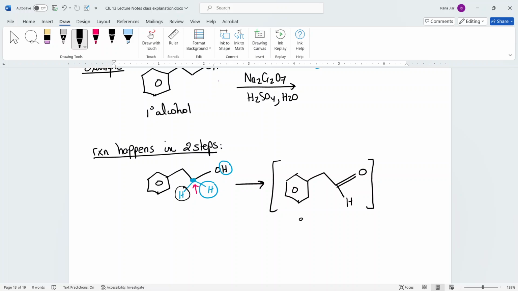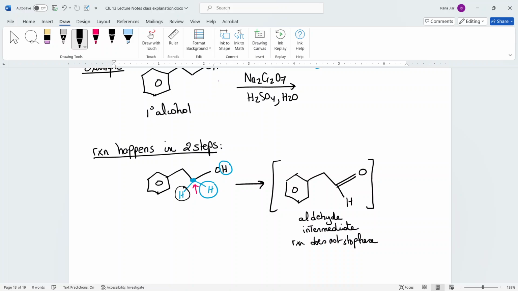And we're going to call this aldehyde intermediate. So this one is an intermediate. However, because the oxidizing agent is so strong, sodium dichromate is so strong in there, the reaction does not stop here.